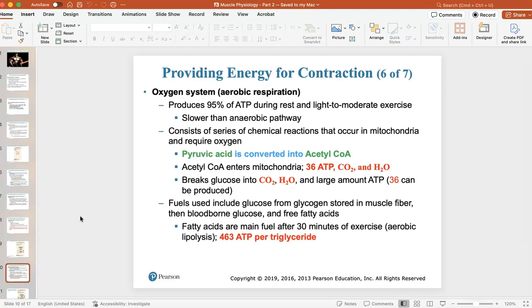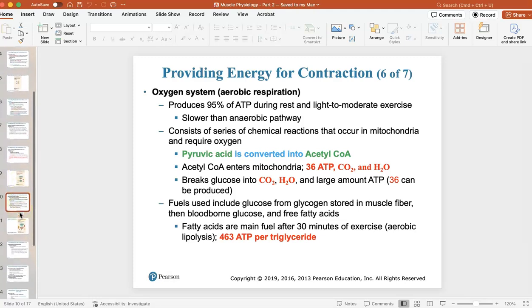If the activity in question is anaerobic in nature, remember the pyruvic acid is converted to lactic acid. If the activity in question is longer duration, light to moderate intensity, the pyruvic acid is converted to acetyl-CoA, enters the mitochondria, and we're going to get 36 ATP, CO2, and water. That's just from glucose. Okay?